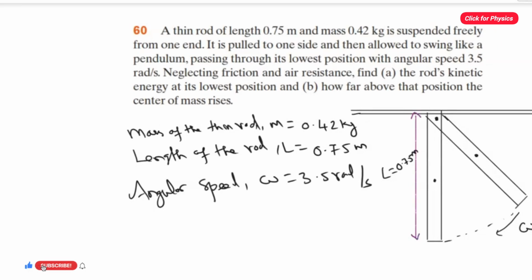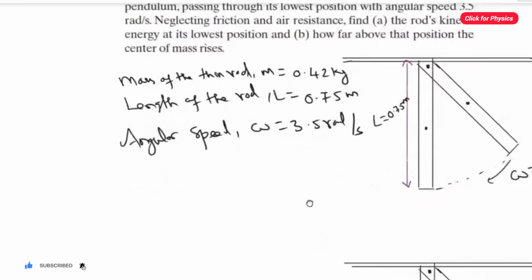Clear? Now we are going to find the rod's kinetic energy at the lower position. So when the rod comes to the lowest position, we have to find what is its kinetic energy.